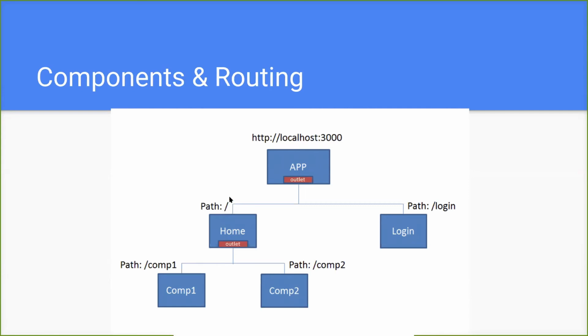Let's say on just a slash path, you want to display home, whereas on the slash login path, you want to display the login page. You can do this by redirecting the view to a different component based on the URL. This is all done by routing. Let's see how we do routing later on while we are building our own homepage using Angular.